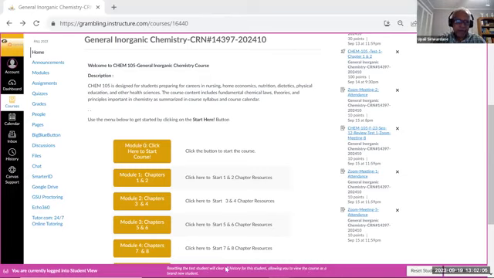We finished chapter 1 and 2. Now we're going into chapter 3 and 4. We build our chemistry knowledge based on what we learn in chapter 1 and 2 and move on to chapter 3 and 4.